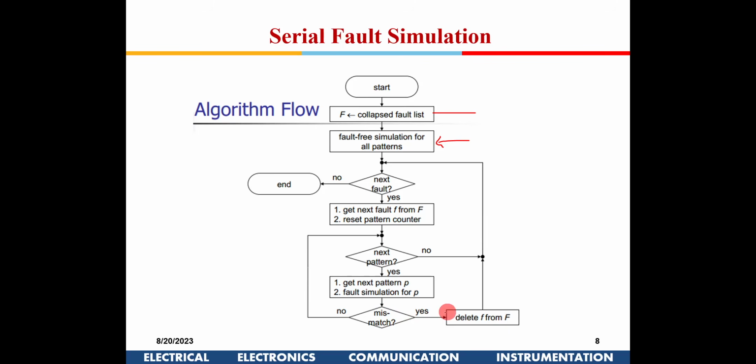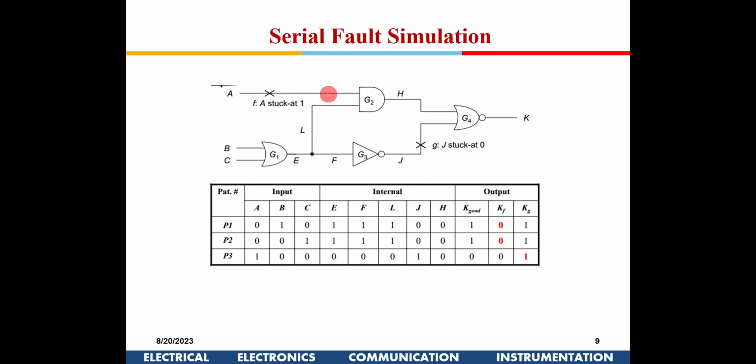If there is a mismatch, that means that fault can be removed from your list, so that it is no more to be simulated in the next run. So you run this algorithm. This is just a graphical representation of what we discussed. This is another, the same thing, where a stuck at fault is there.